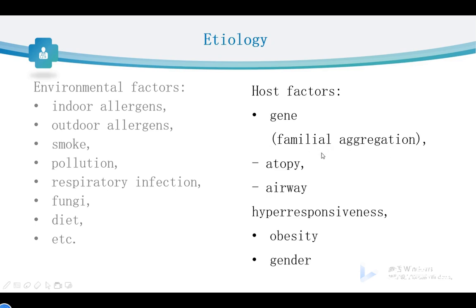That means if the mother or father got asthma, the children are likely to get any kinds of the allergic disease. And others, including the obesity, gender, and so on, is about the host factors of the asthma.